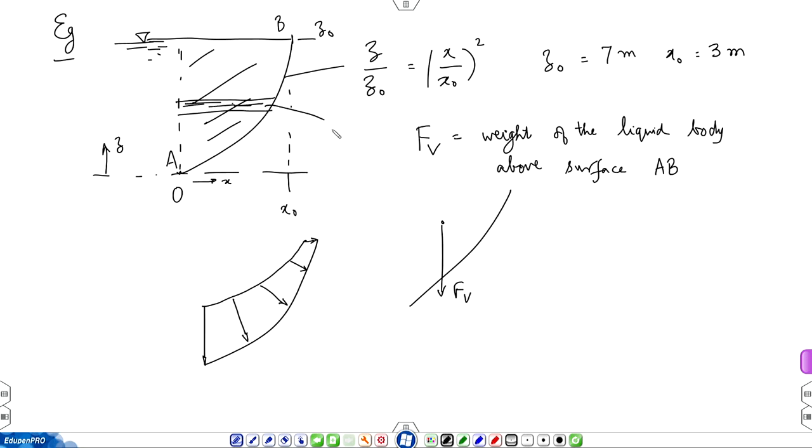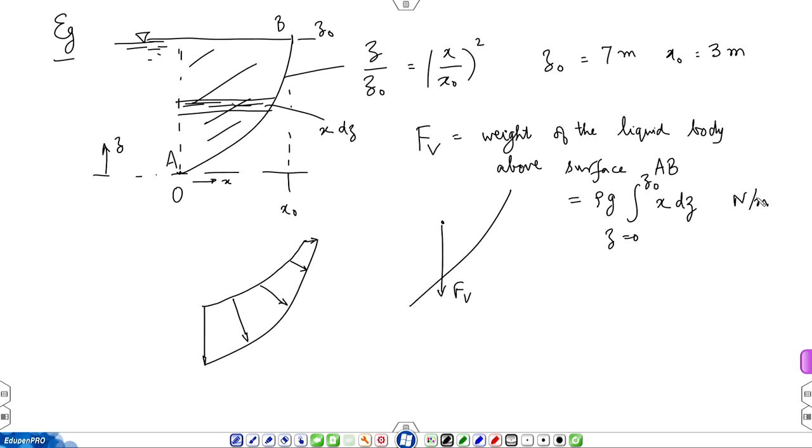So, this element is x dz. So, F v is equal to rho g integral z equal to 0 to z 0 of x dz. So, substitute for x from the function z over z 0 equal to x over x 0 squared. From there you substitute for x and then you can evaluate this integral. This will be in units of Newton per meter.